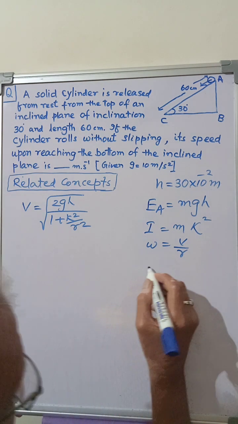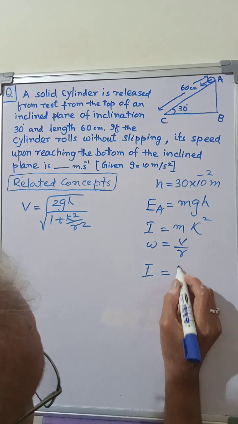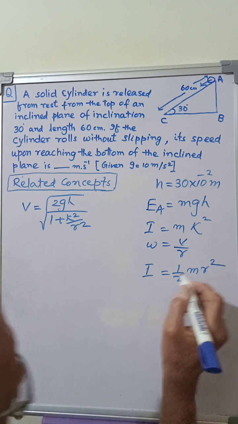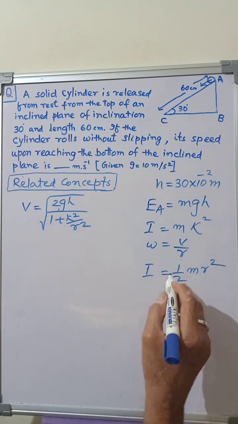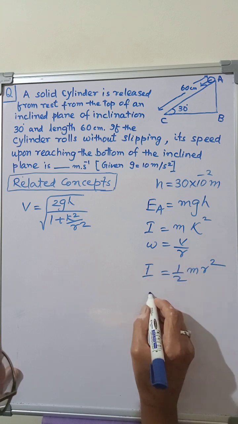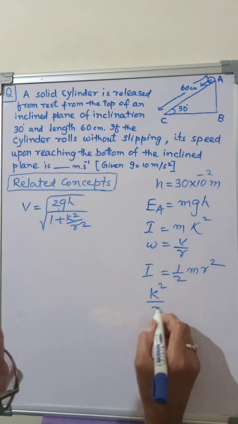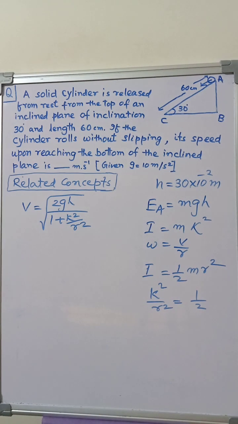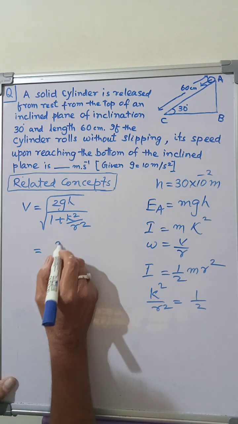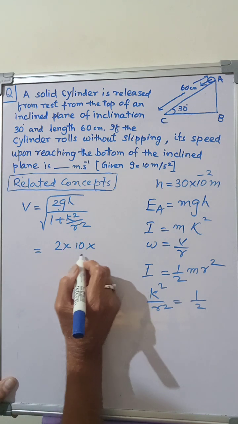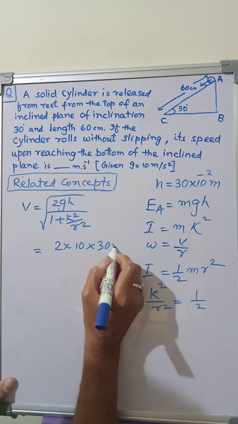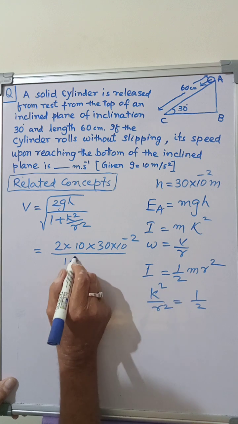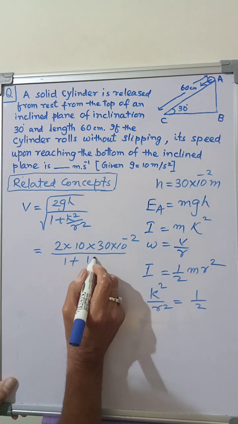Now for a cylinder, moment of inertia is given by I is equal to half mr square. Now comparing these two, we get k square by r square is equal to 1 by 2. Now we'll put the values here. 2 into g is equal to 10 into h is equal to 30 into 10 to the power minus 2, divided by 1 plus k square by r square is equal to half.